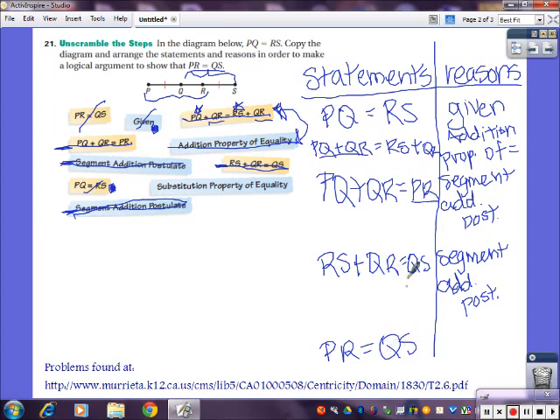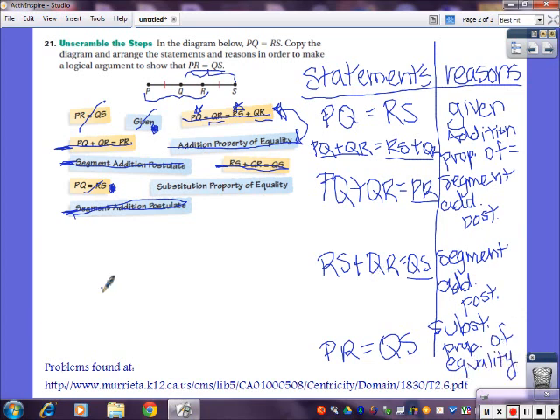And then QS, well, QS is equal to RS plus QR, and that's up here. So basically, in this proof, they're taking this statement and replacing the left and the right hand side with what they equal. That's substitution property of equality. So, substitution property of equality.